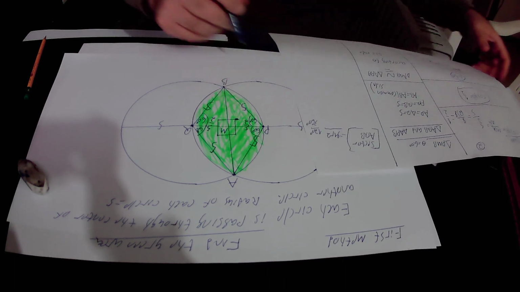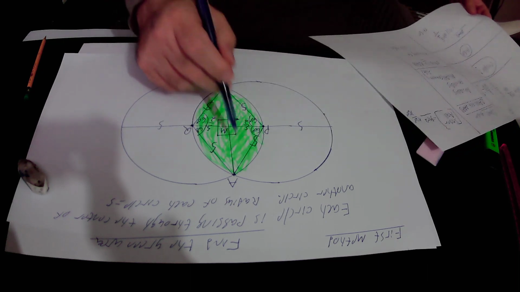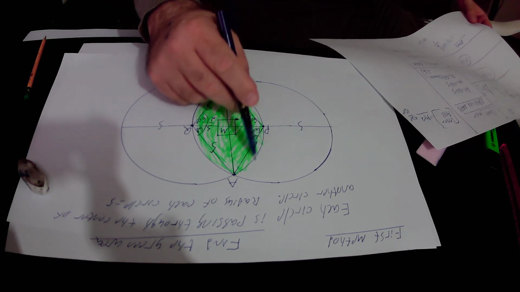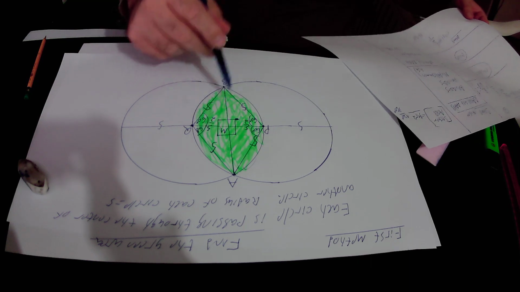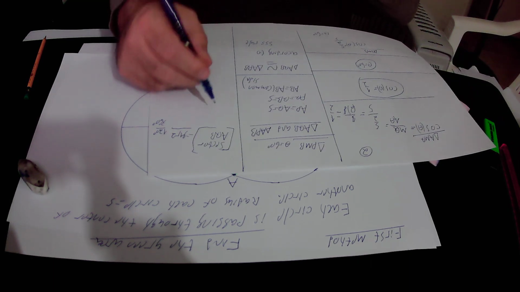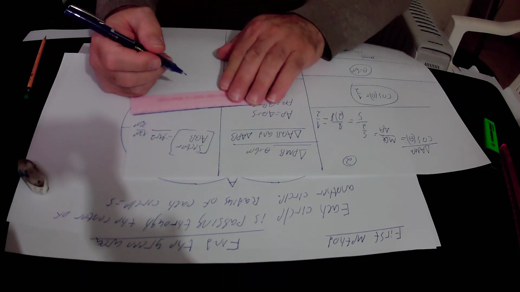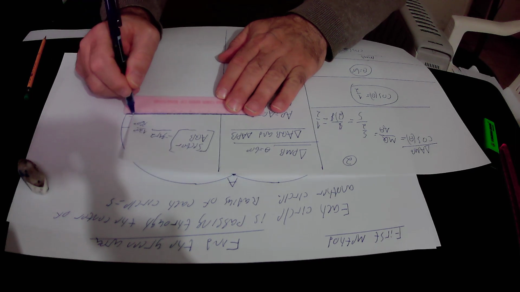So we get that the area of sector AQB, this sector, will be equal to, R equals 5 units.